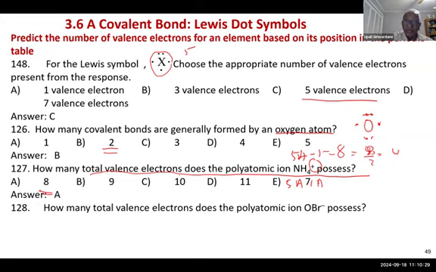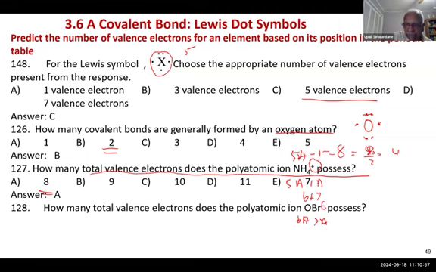This is a Lewis structure. You have to count the number of valence electrons on the whole molecule. Oxygen is 6A, that's 6. Bromine is 7A, that's 7.